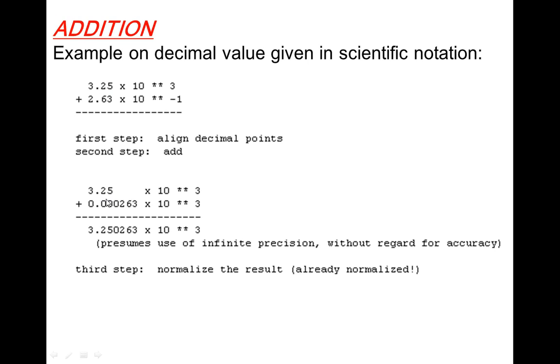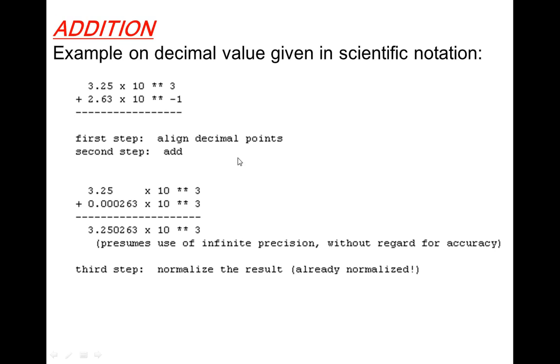This is 3.25, and I can write the second as 0.000263 times 10 power 3, because this is minus 1 and I have to use the same format as the first one, that is 10 power 3. So I have to divide by 1000, because 10 power 3 is 1000.